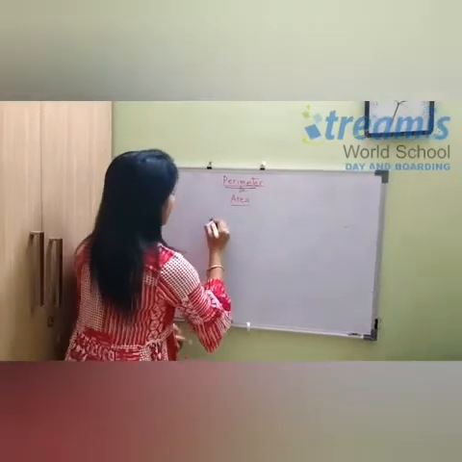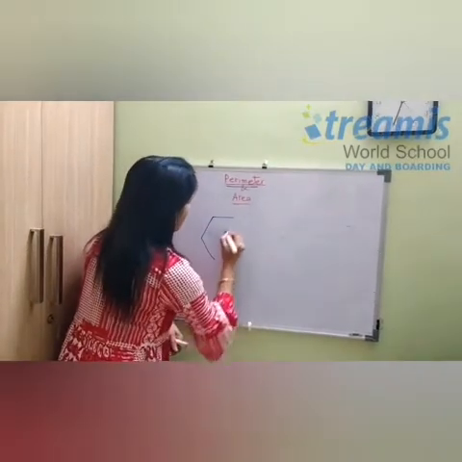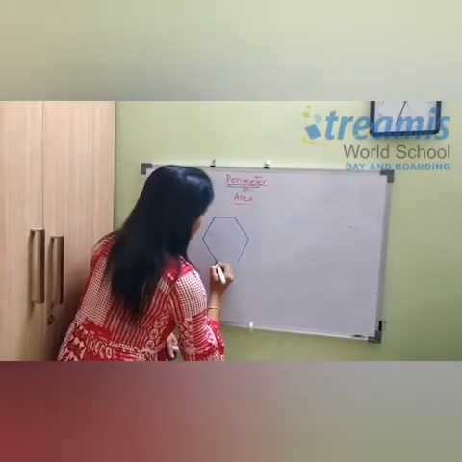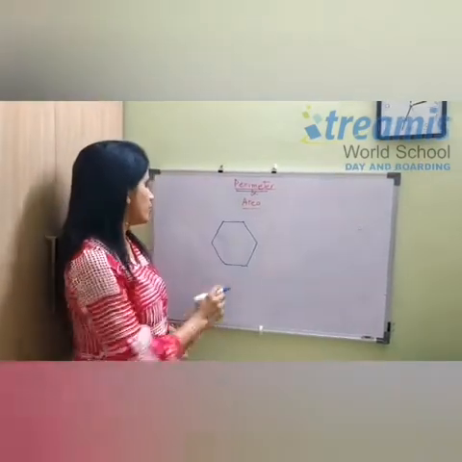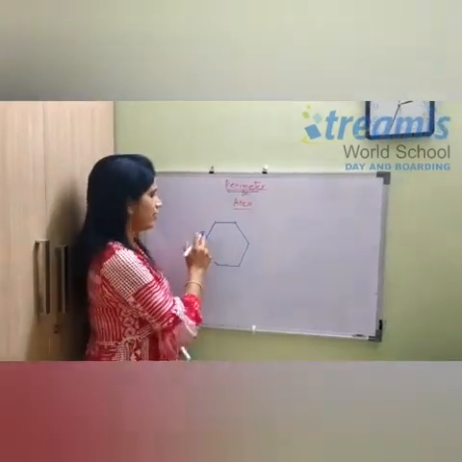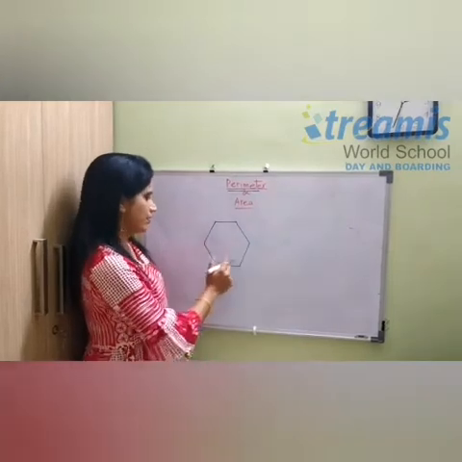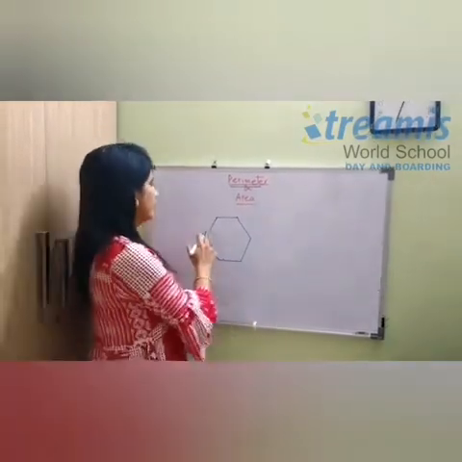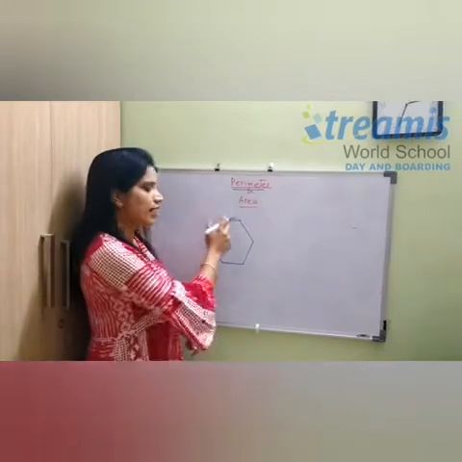So let me take a figure here. What is it, children? It is a hexagon, where it has 6 sides and the length of each side is similar to the other sides.